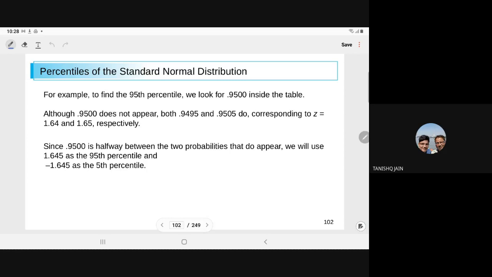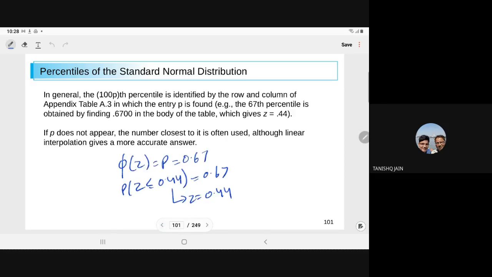Now, see, in the table, by chance, the required value may not be available. So always you have to take the nearby value. For example, in the table, check whether 0.6700 is available or not. Yes, what is the value for z equal to 0.44?